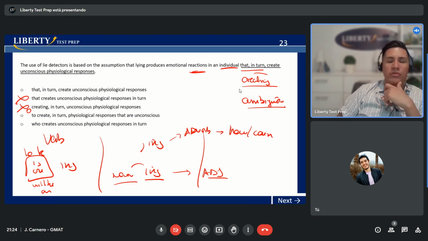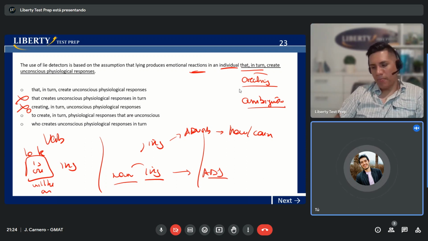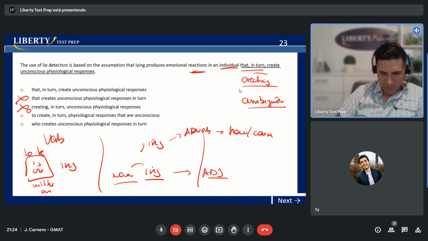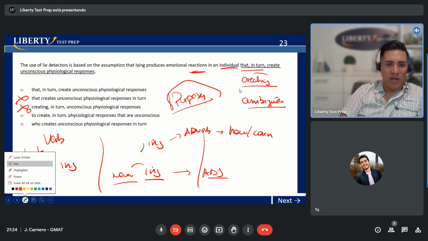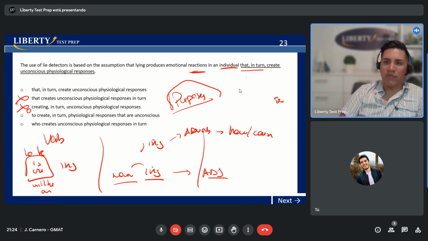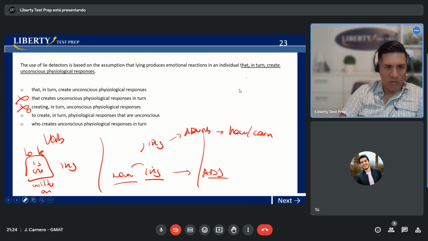Now, what happens with to create? To create, that's an infinitive. Infinitives are good for purposes. It's a modifier also. It's an adjective. But if it's an adjective, the same thing happens as with creating. You have in there to create.